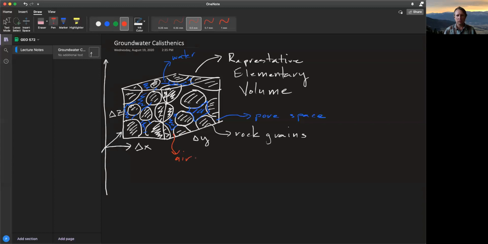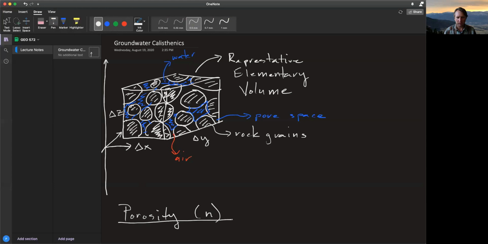Okay, so some things that we characterize our pore space with. Well, I might want to know something about the volume of the pore space versus the volume of the rock, right? So our first property that I want you to recall is porosity. And I'm going to use N for porosity here.